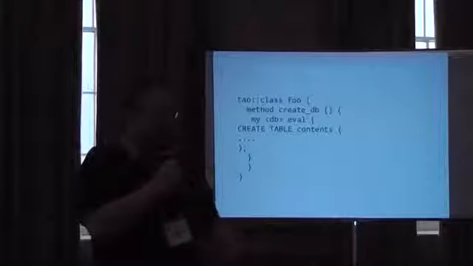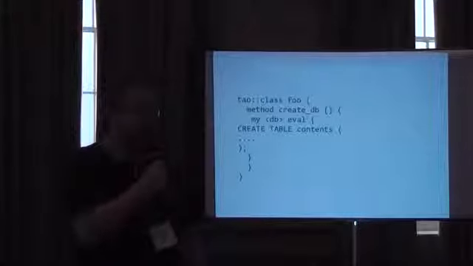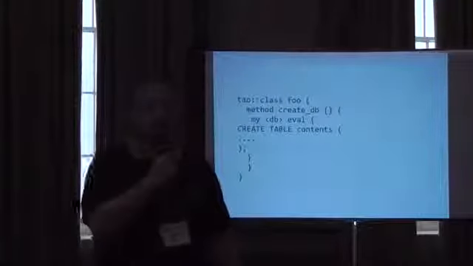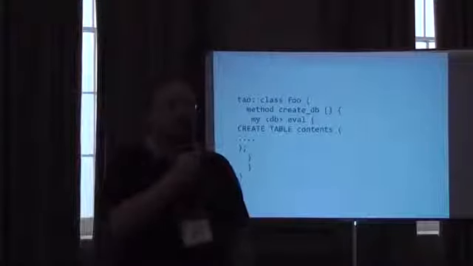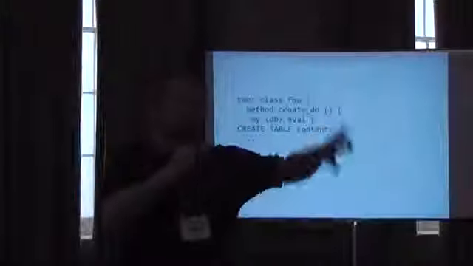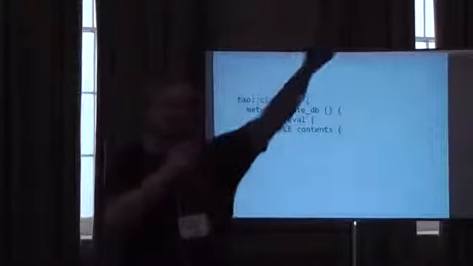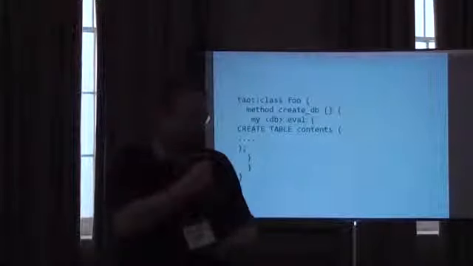So we can go ahead and you'll see, method create DB, it calls my DB just like it was a local method. It doesn't know that it's talking to an SQLite database, possibly working in a completely different namespace.